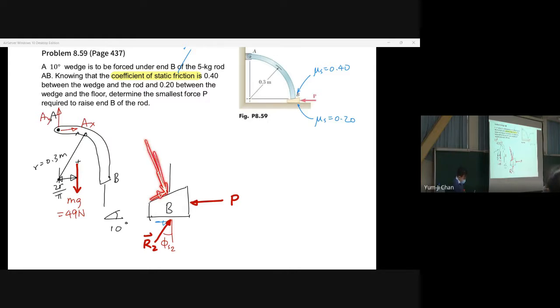Because this one is 10 degrees, this one is also 10 degrees, and this is the surface normal. Therefore this one is R1, and this one is phi S1.